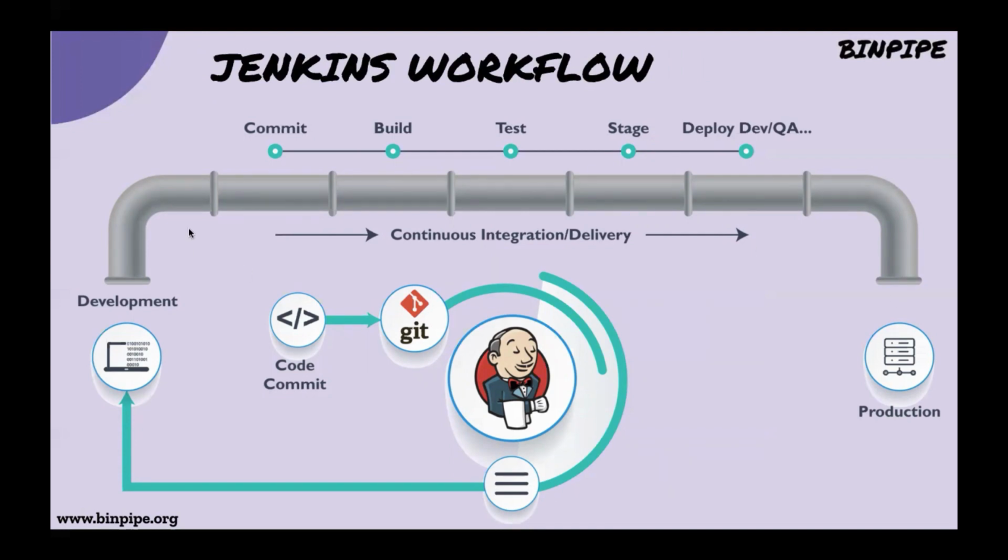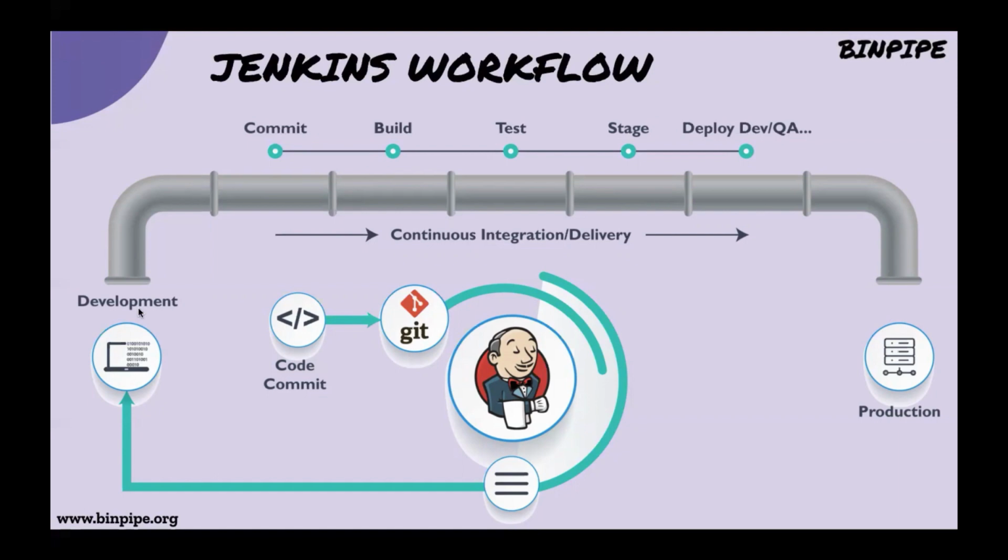Pipeline means a sequence of steps that leads from the beginning to the end. So the beginning is writing of code and the end is putting that final ready software in the production server or Play Store or wherever your end product goes. So this entire journey is the workflow which happens in Jenkins.